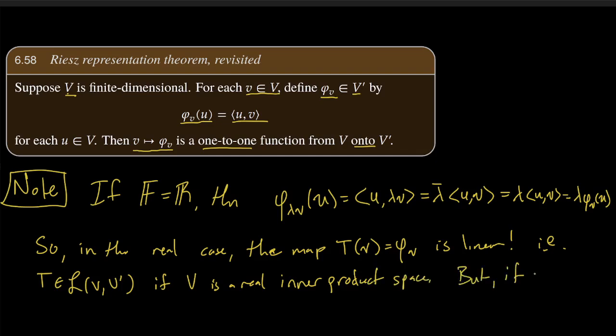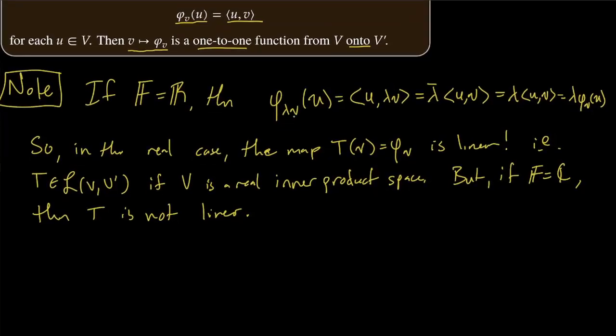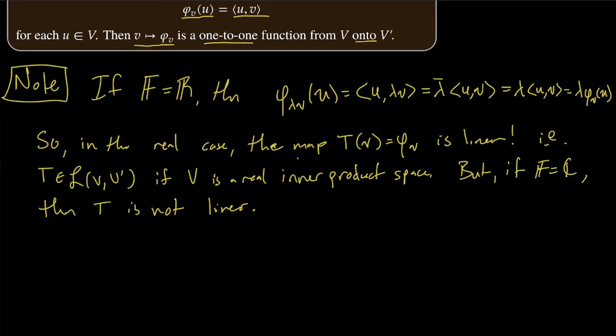But if the field is the complexes, then T is not linear, which is unfortunate. So let's just sketch the proof in the case that T is a linear map.